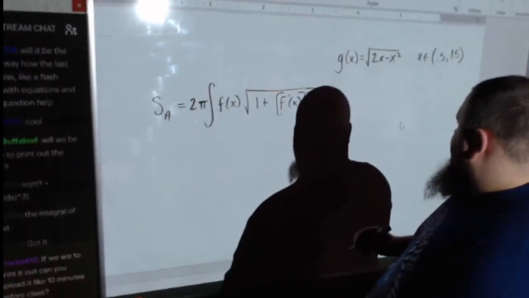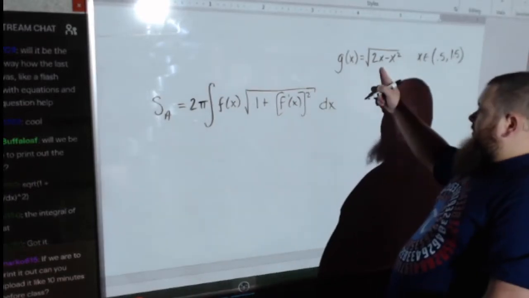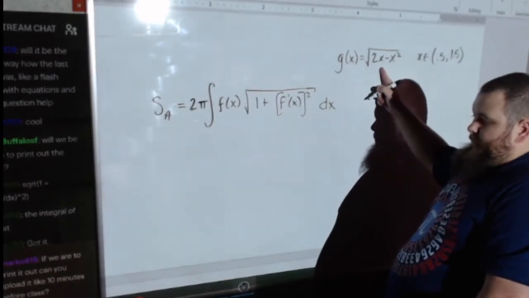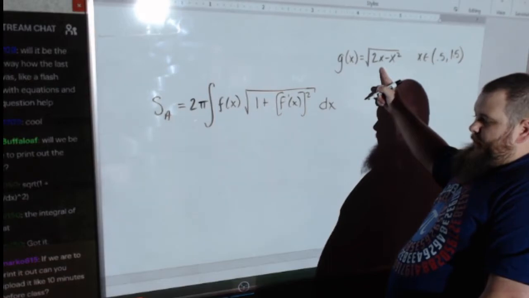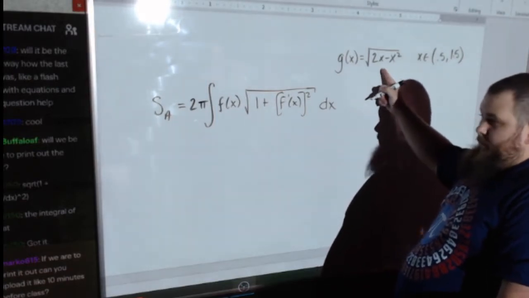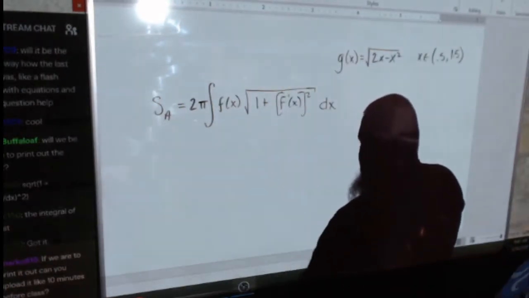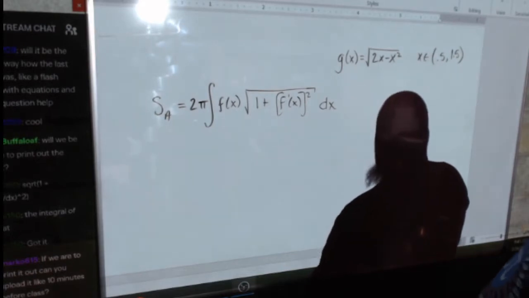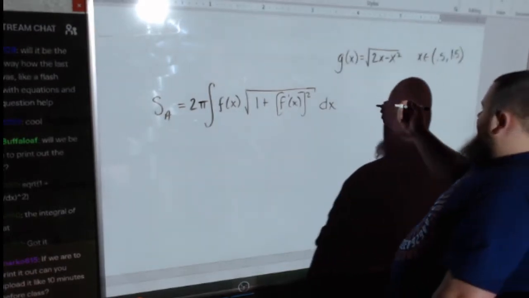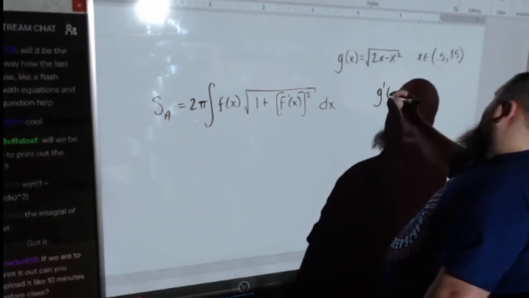So we just need to find the derivative of this function. We can talk about that after we're done. Alright, so I need the derivative of this function. So g prime.